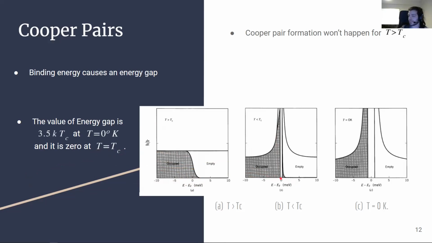I mean, it will be 0, but the second we go below Tc, we will have an energy gap, which will not let electrons pass from the empty state to the occupied state, because that energy gap will make those states impossible to attain. And so this energy gap happening at Tc also suggests a phase change. And above Tc, due to thermal excitations, we won't see any Cooper pair formations.